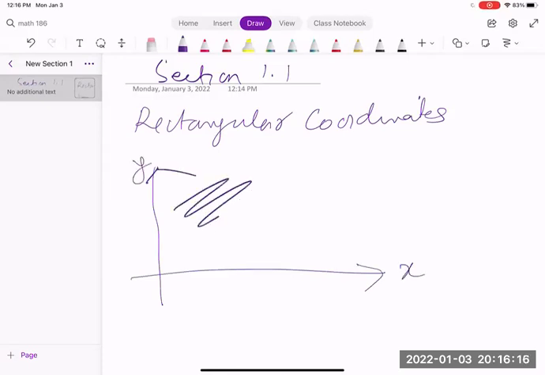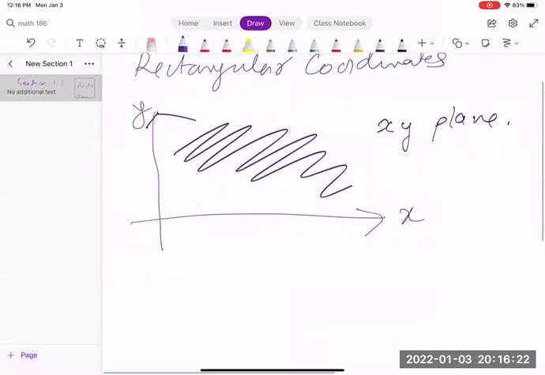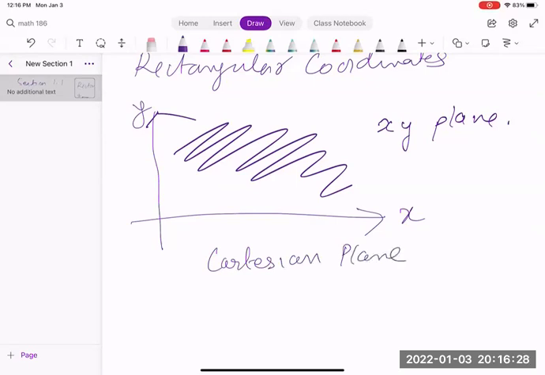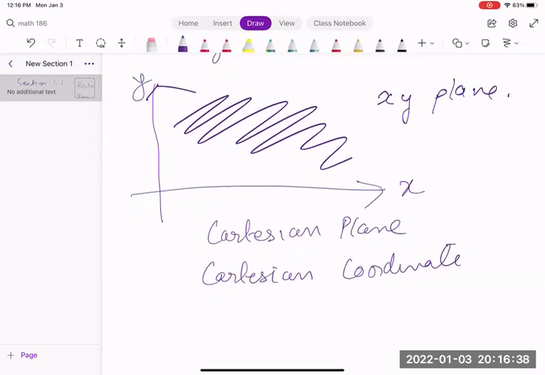So this is your x and y plane. That's why this is also called the Cartesian plane, or Cartesian coordinate, which is actually your x and y plane.